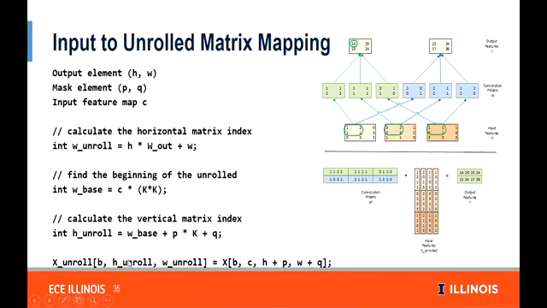And then I'm going to just assign that element into the batch index, and then H unroll and W unroll. I have the output matrix index. I have the input feature map index. I pick the element, put it right in. Okay, and that gives me the path.